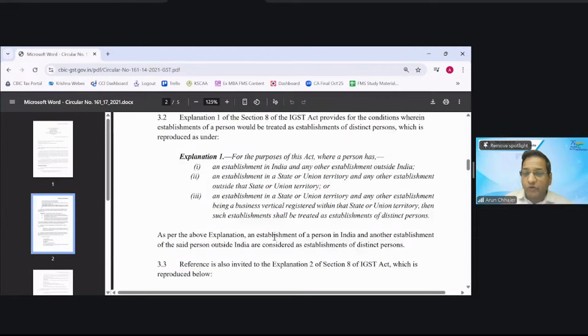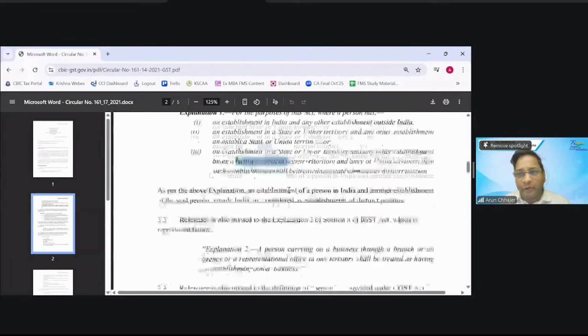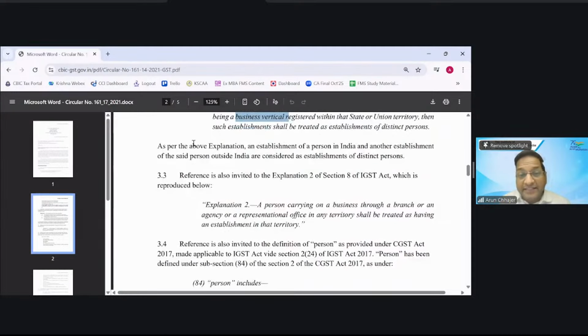So the concept of business vertical is now done away with. That part you can ignore. As per the above explanation, an establishment in India and another establishment outside India are considered as establishments of the distinct person. You won't believe that multiple refund applications have been rejected on this ground.